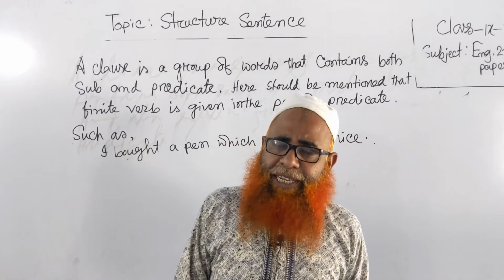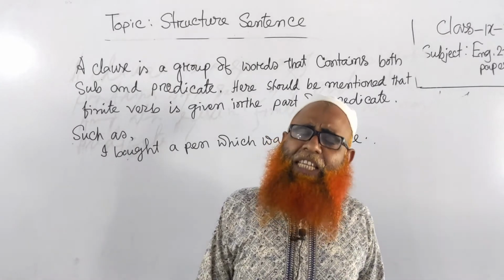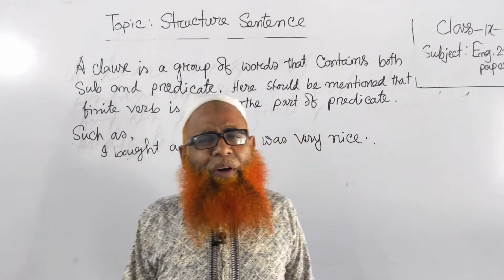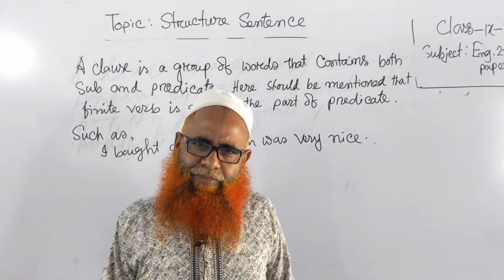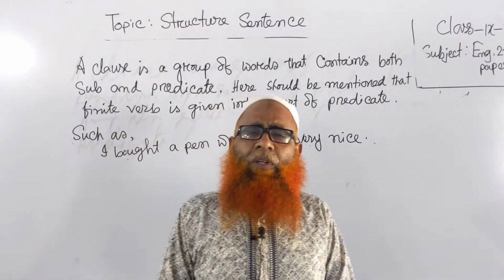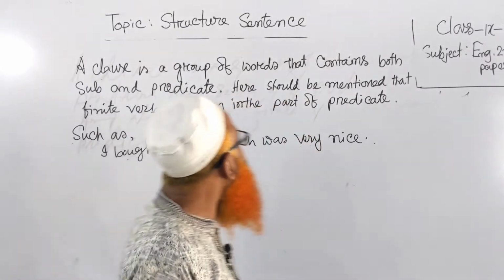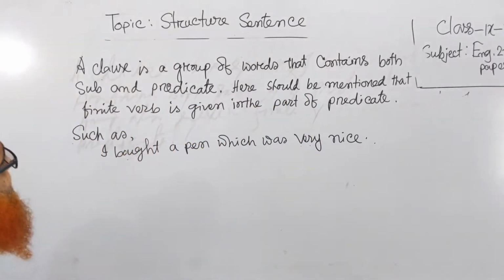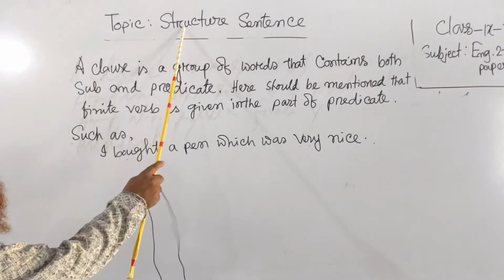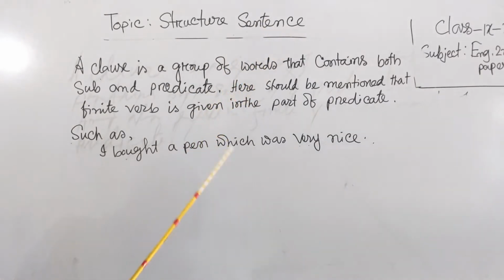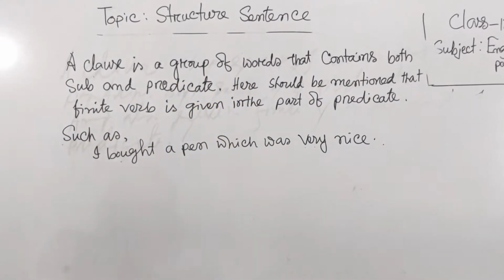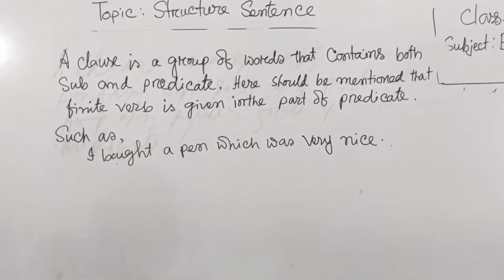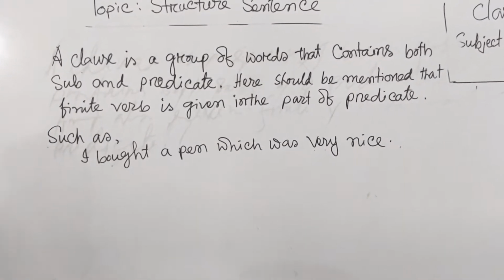Without learning clauses, it is impossible for us to know about the structured sentence. So, today's topic: structured sentence. Now, I am going to make you understand about the clauses.